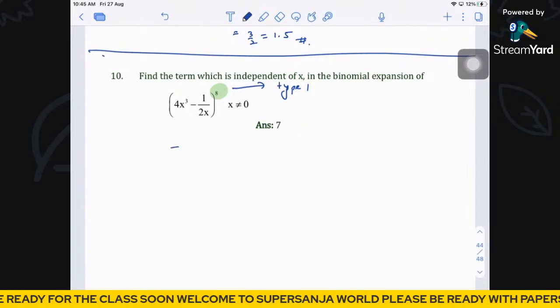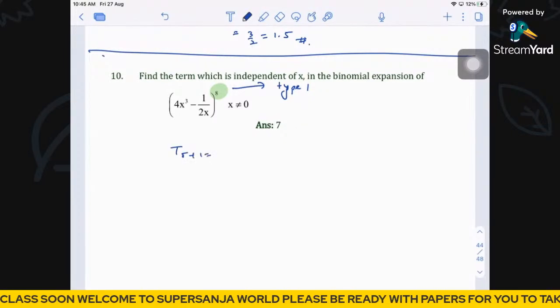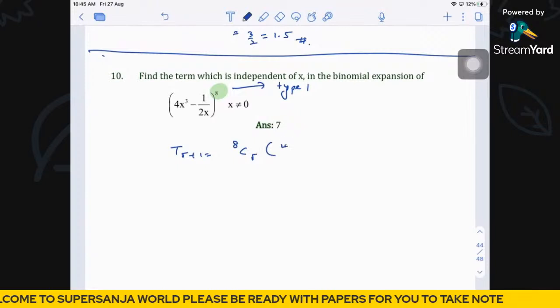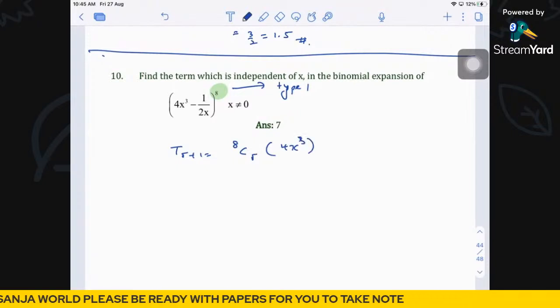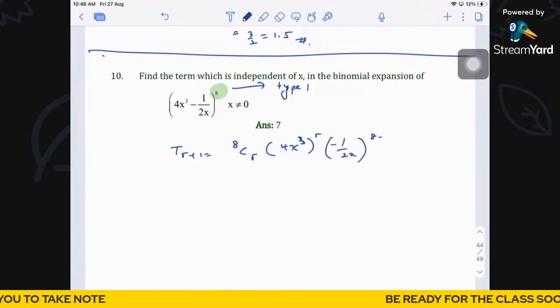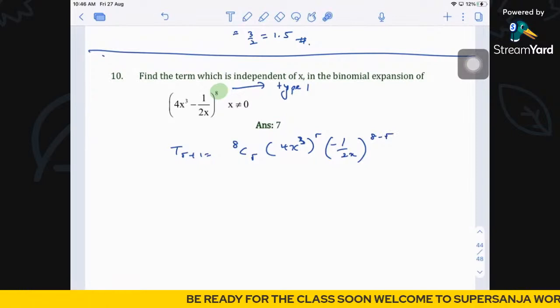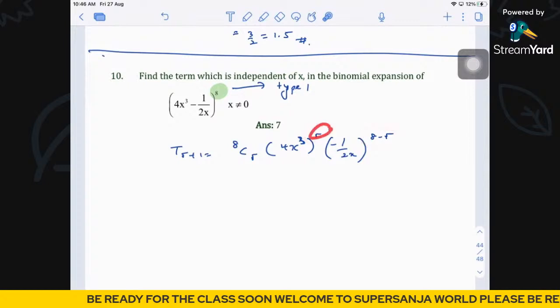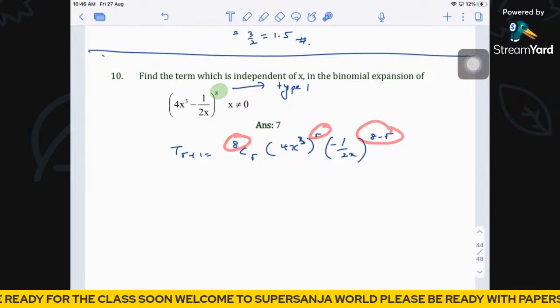We know that T(r+1) equals 8Cr (4x cubed) power of r, and then (negative 1 over 2x) power of 8 minus r. Because when you add the powers, this one and this one have to give you back 8.